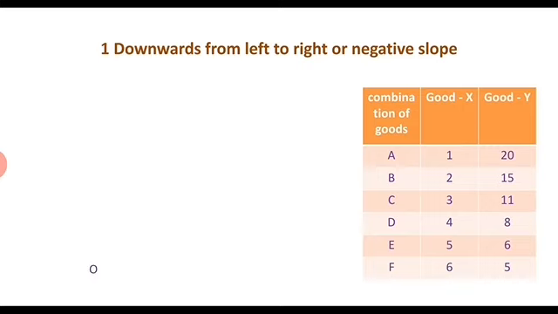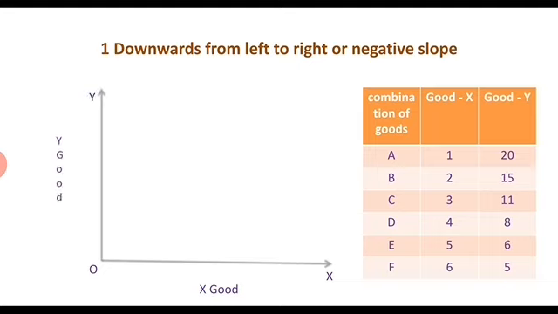So the indifference curve has negative slope. In this diagram, x good is on the x-axis, y good is on the y-axis.